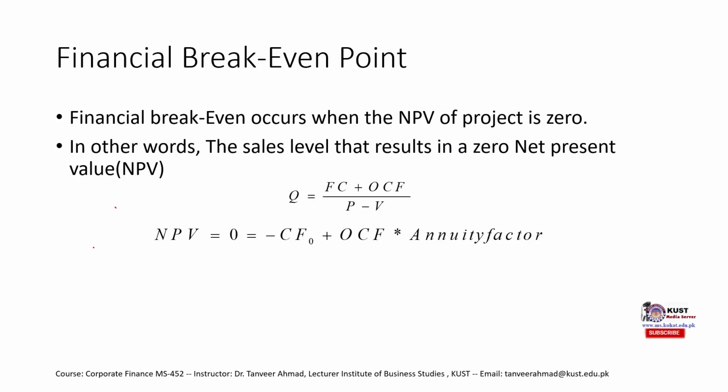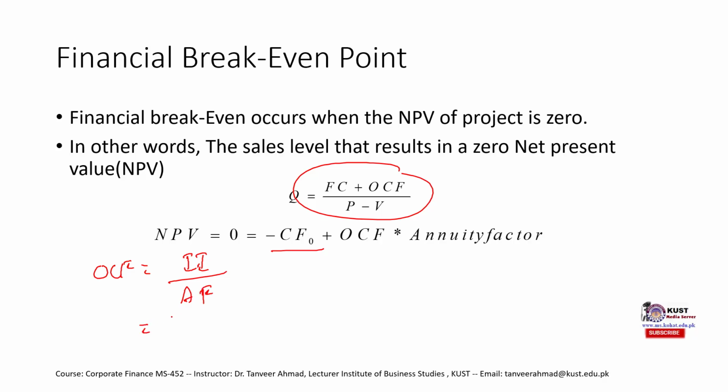So in the previous example, to solve this, we first need to find OCF. We just saw that OCF is equal to initial investment, which is cash flow at time 0, divided by the annuity factor.